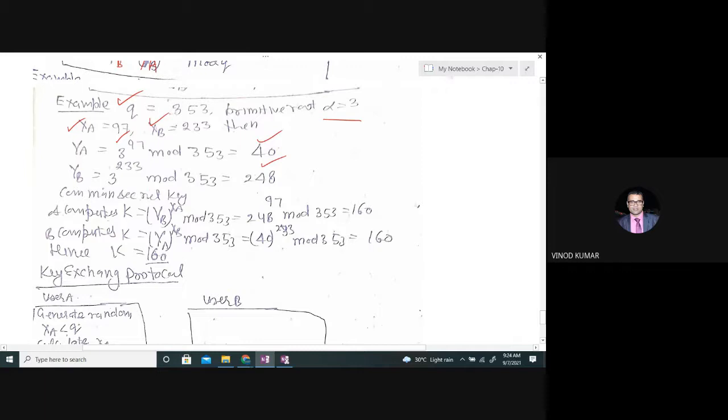Then the common secret key k is y_b to the power x_a mod q, meaning 248 to the power 97 mod 353, which is 160. From B's side it remains the same. So hence k_a equals k_b, so here k equals k_a.